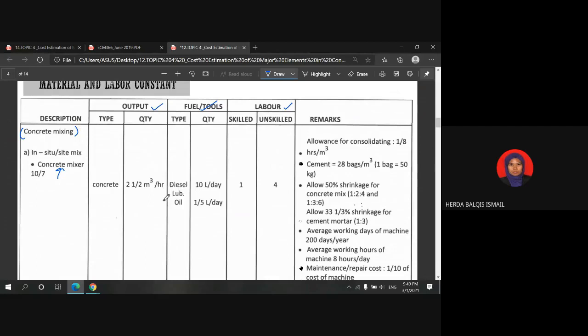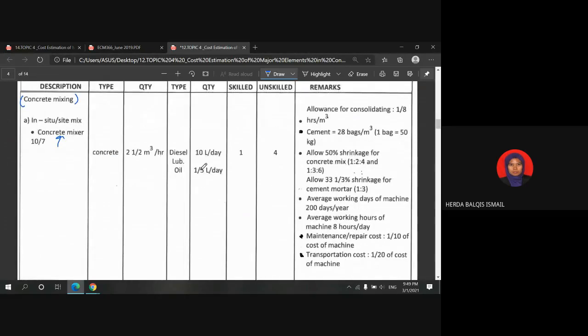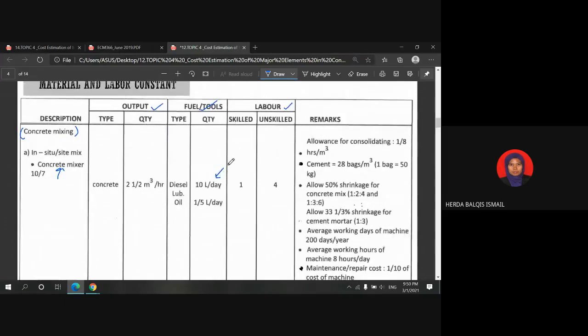And for lubricating oil, it requires 1/5 liter per day. We know that the standard working hours in 1 day is 8 hours. So that is the basic constant that we have to remember.